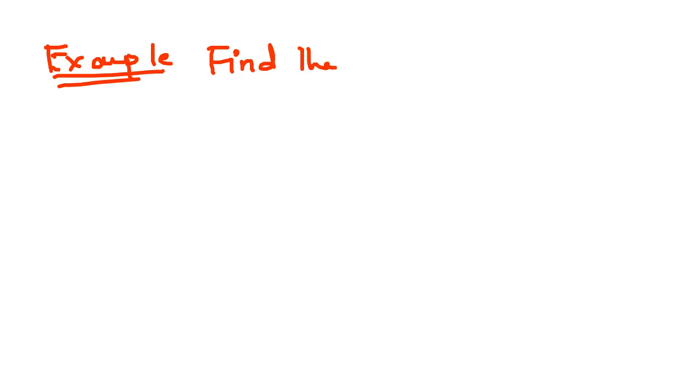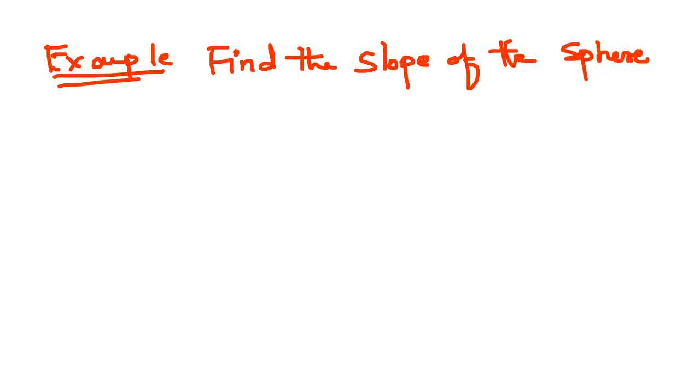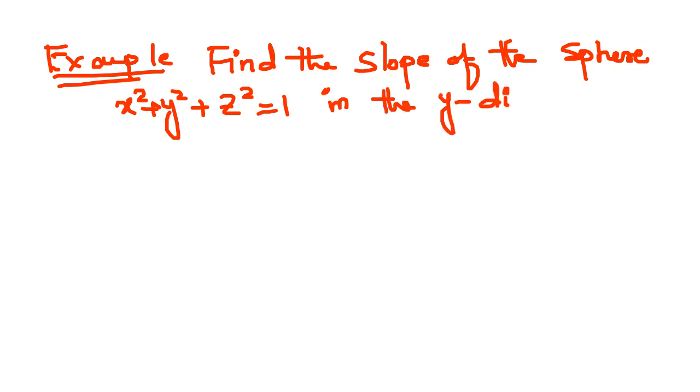Which is a sphere. Okay, so the example is that you have to find the slope of the sphere x square plus y square plus z square is equal to 1 in the y direction, at the two points given.